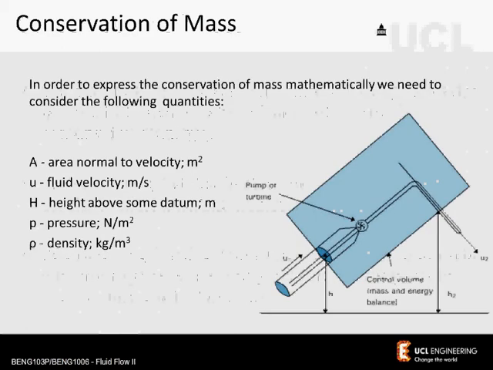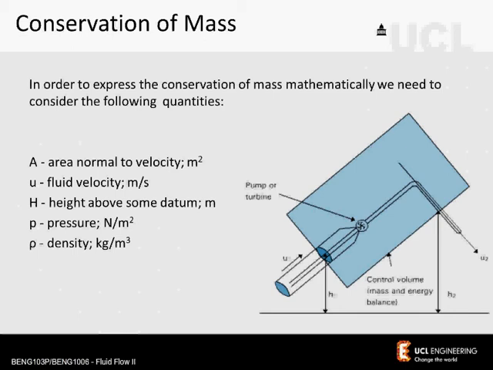If we consider a typical control system with respect to conservation of mass, which is illustrated diagrammatically there, we have a pipe inlet and a pipe outlet with a turbine drawing fluid up and pumping it out through the outlet. To express the conservation of mass mathematically, we need to consider a few properties of the system.